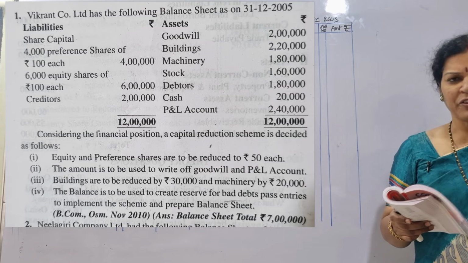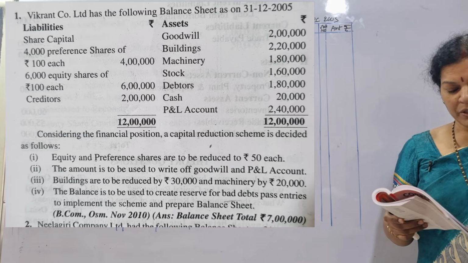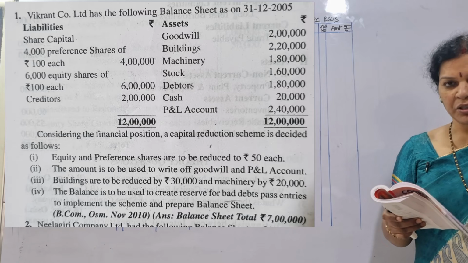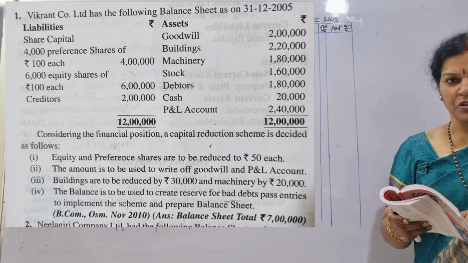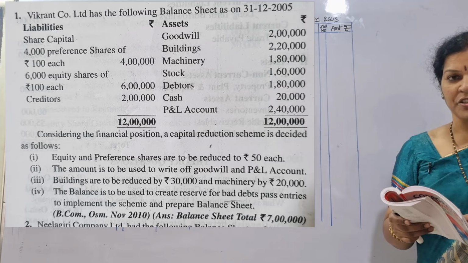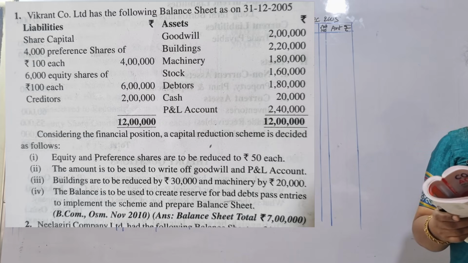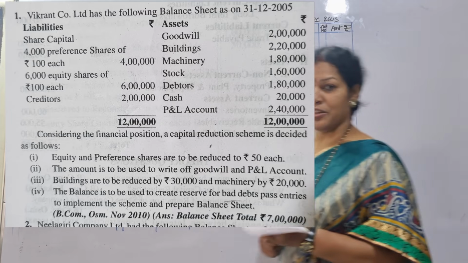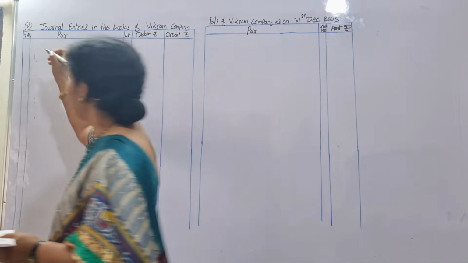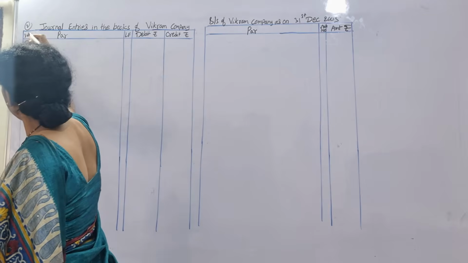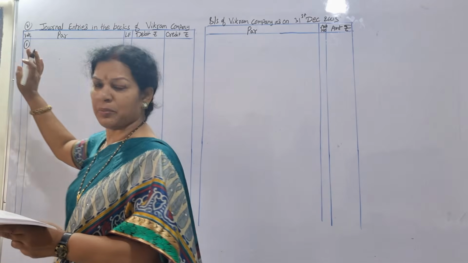So first of all we'll start from point number 1. Equity capital and preference capital, both they wanted to reduce to 50 rupees each. So for this we'll pass the journal entry. What is the journal entry? For equity share capital, the journal entry is here, you know it. Date is not given, so I'm writing number 1.